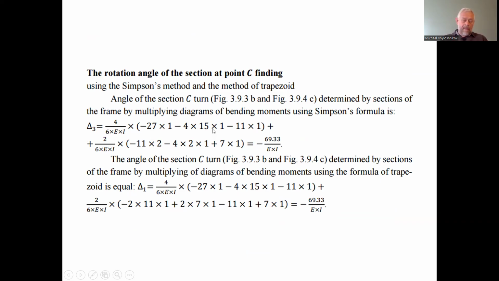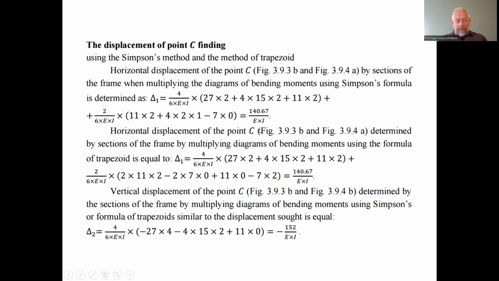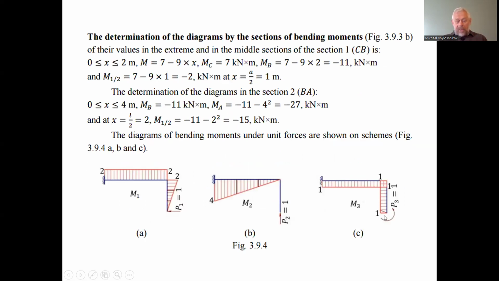15 is the magnitude of the bending moment at the action of the external load in the middle of the first element of the mechanical system between the points A and B, and minus 11 product by 1. 1 is the magnitude in each case of the diagram of the bending moment at the action of the unit bending moment distributed evenly to both legs.